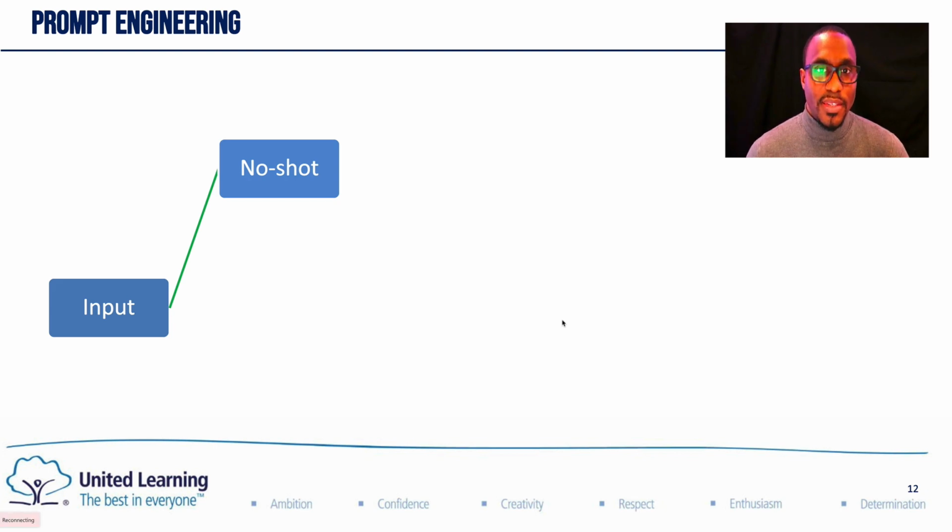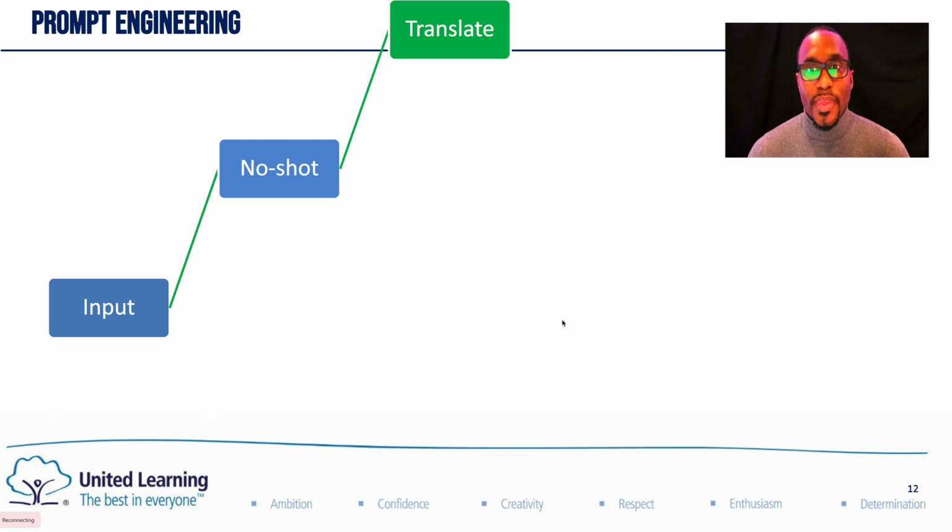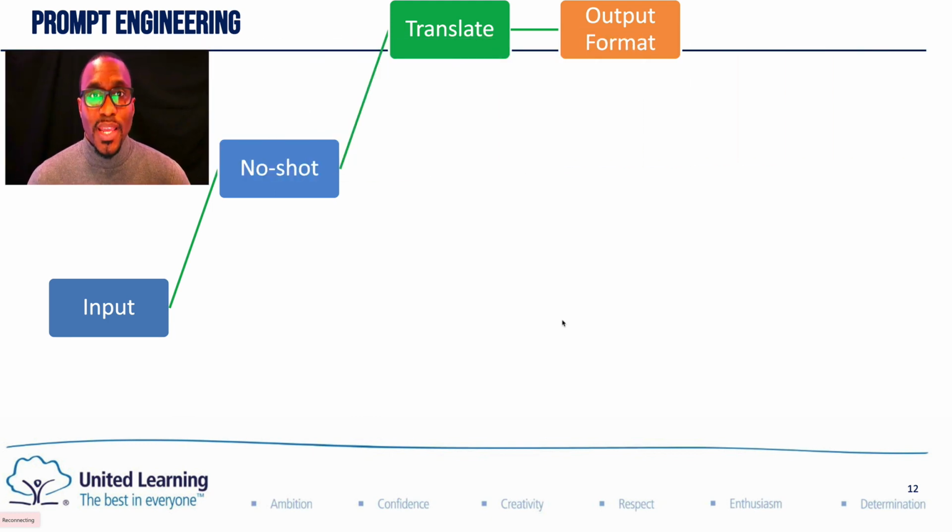So in this instance, the no-shot input would be you have not provided any information. You are just asking the AI to produce something for you. For example, you could ask it to translate a specific piece of text. You would then explain the specific output format you would like, and then it will produce the output.